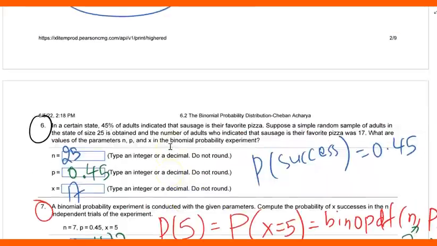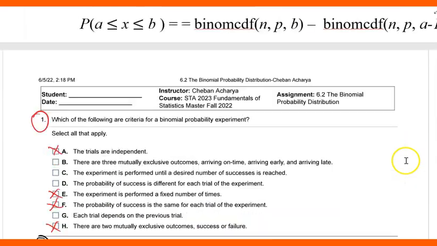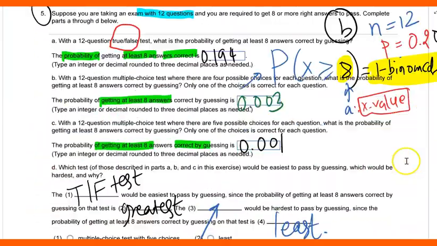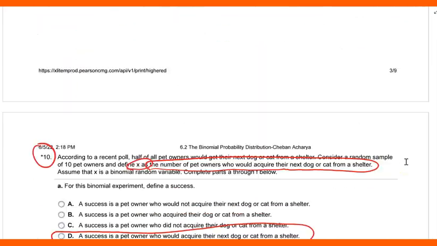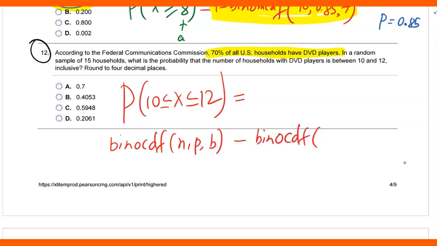And if you look at this formula here, we have the calculator function binomial CDF n, p, b minus binomial CDF n, p, a minus 1. Okay, let's write down the formula. Here, binomial CDF n, p, b minus binomial CDF n, p, a minus 1.